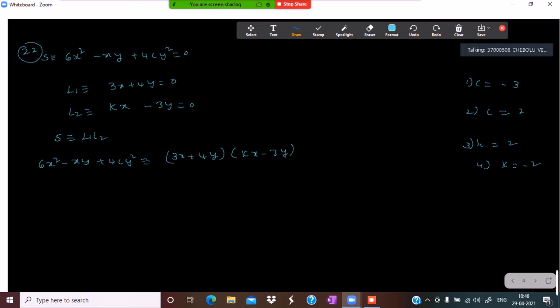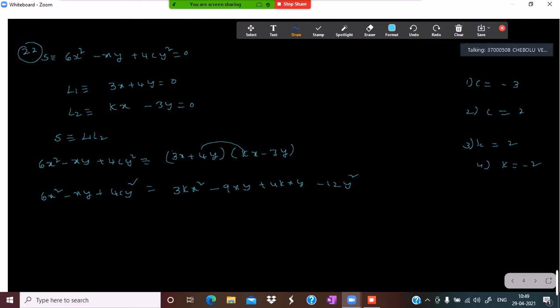Multiplying these two lines, 3x into kx gives 3kx square, 3 into minus 3 gives minus 9xy plus 4kxy, and finally minus 12 y square. So 6x square minus xy plus 4cy square.